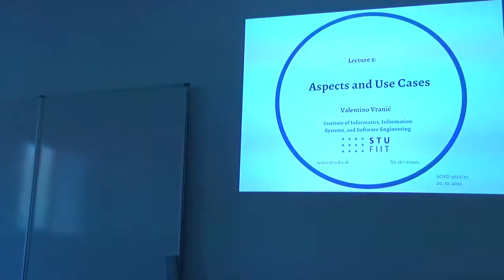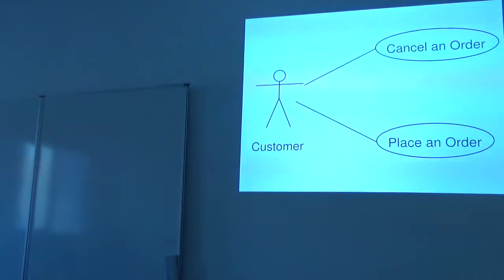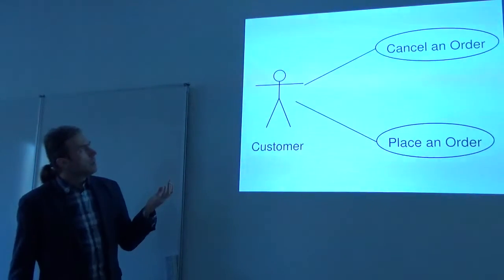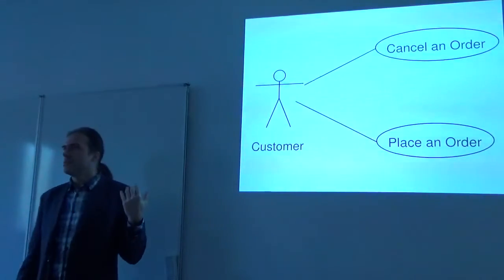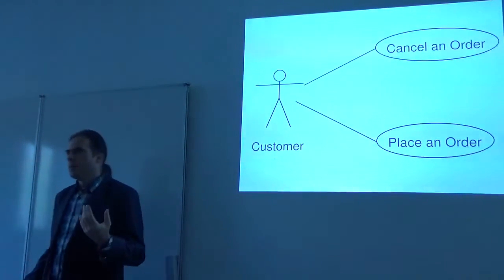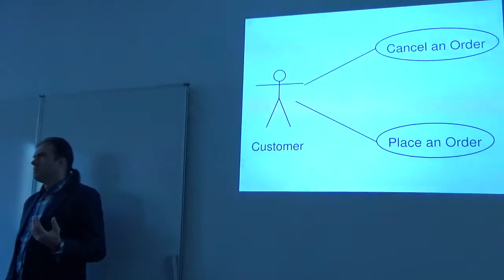I'm going to remind you a bit of this situation where we have two seemingly unrelated use cases: cancel an order and place an order in an imagined eShop system.